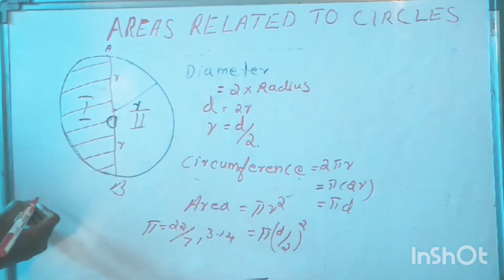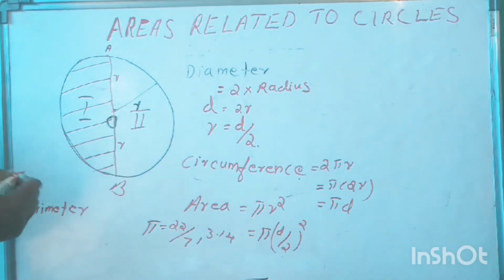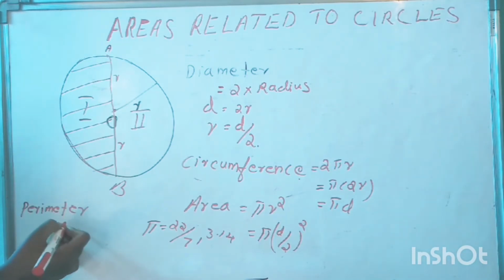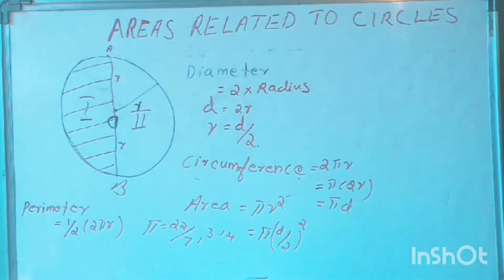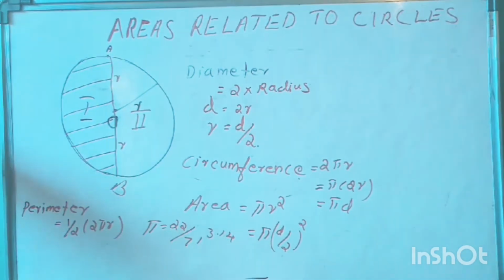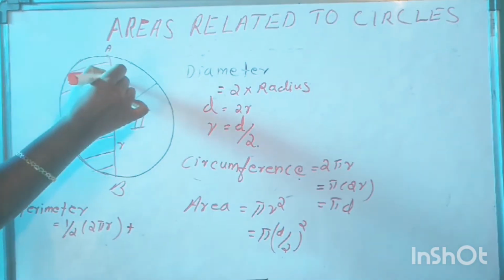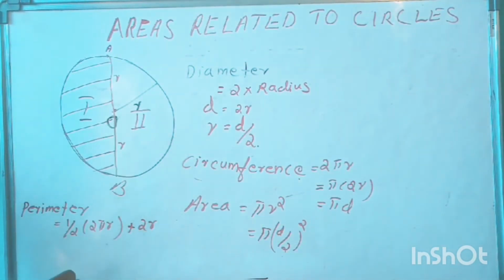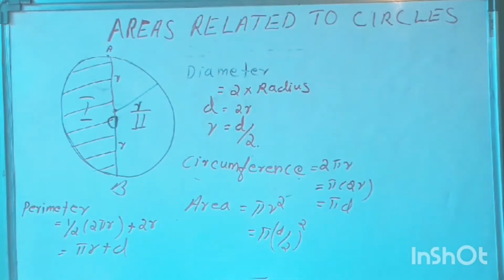Then the perimeter is equal to 1 by 2 into 2 pi r, half of the circumference of a circle, plus, if this AB is also included, then plus 2r. Or you can write it as, the half gets cancelled, pi r plus d. 2r is d, so we get pi r plus d.